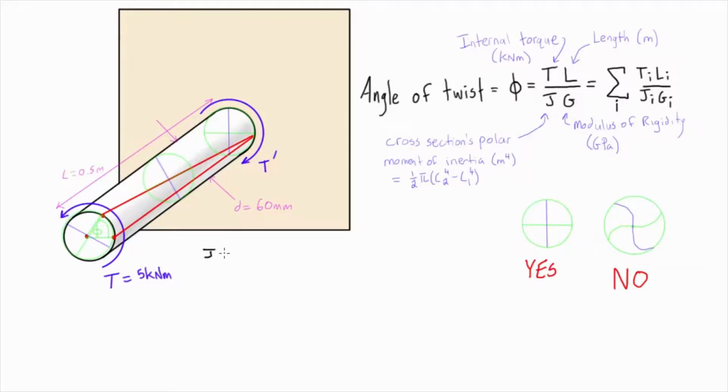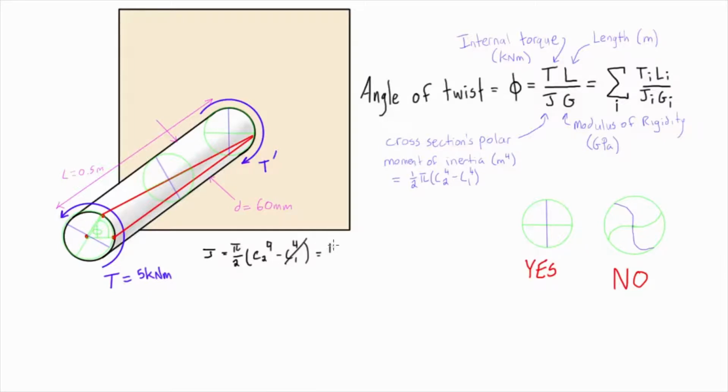For J, this is equal to pi over 2 times C2 to the power of 4 minus C1 to the power of 4. Now I said before that C2 is just the outer radius, the distance from the axis to the outside of the member, and C1 is only for hollow members, so if this is solid, then C1 becomes 0.